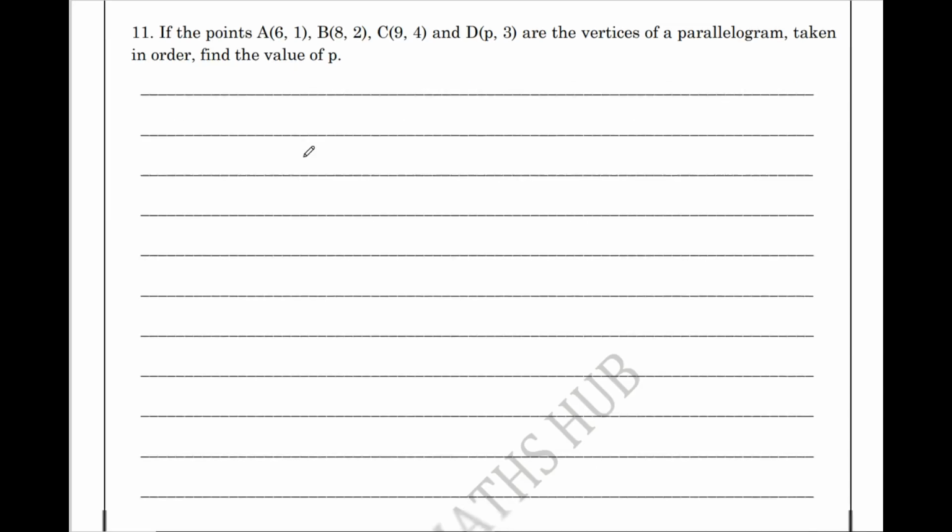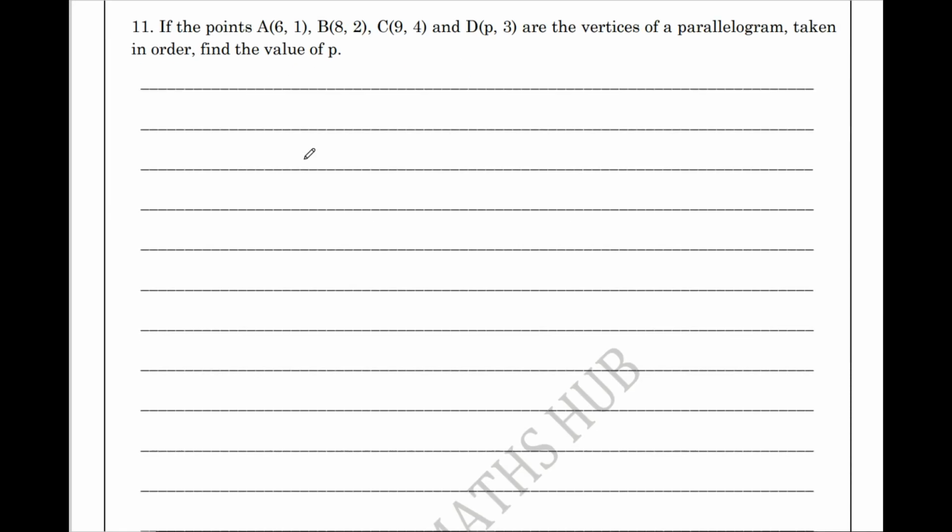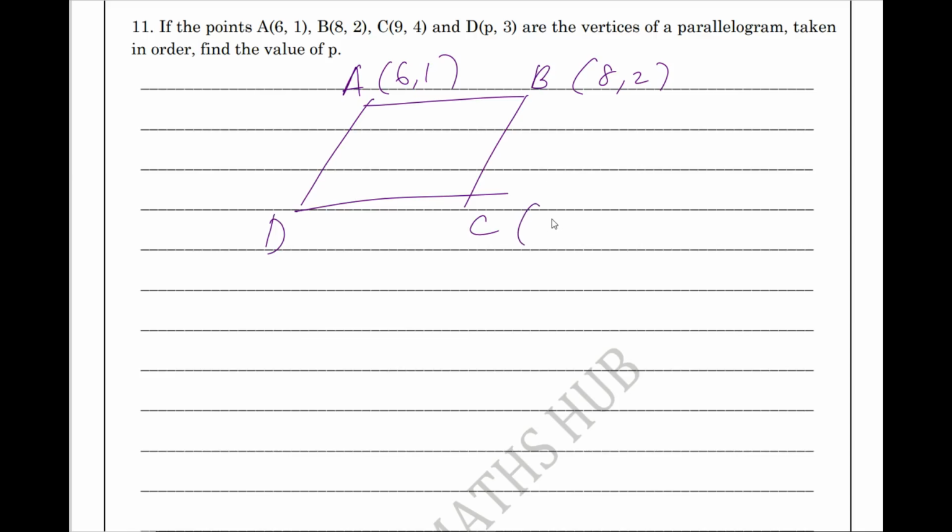Students, next question, it is there in the example. By using the concept of midpoint, find out the value of p. First draw a parallelogram and mark the vertices as A, B, C, D. A is 6 comma 1, B is 8 comma 2, C is 9 comma 4, and D is p comma 3.